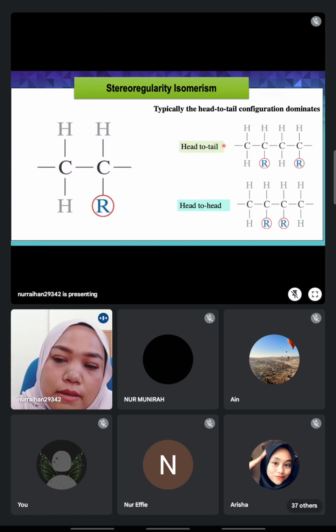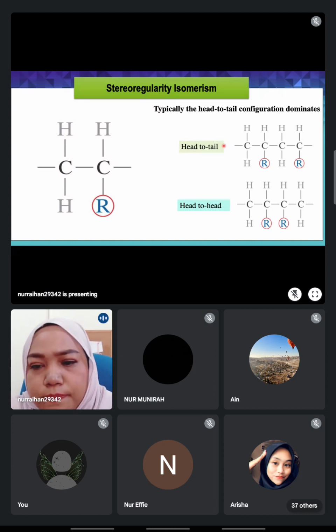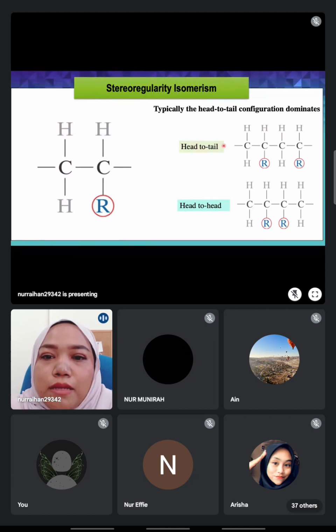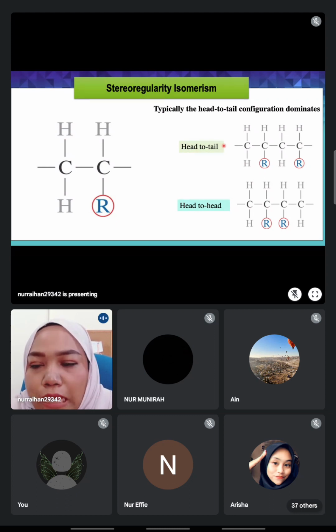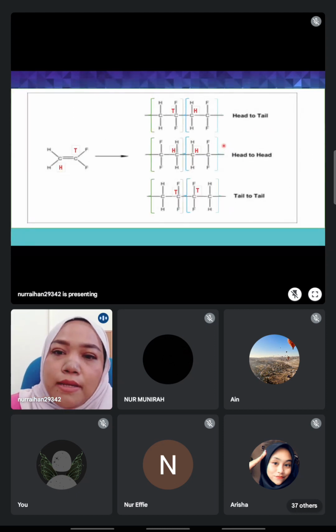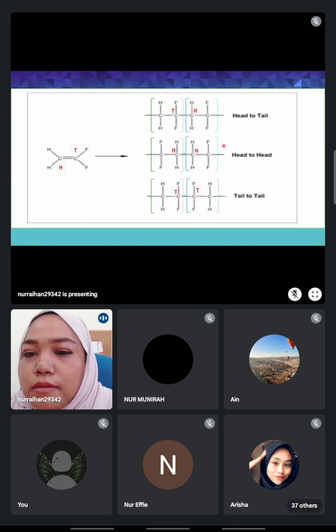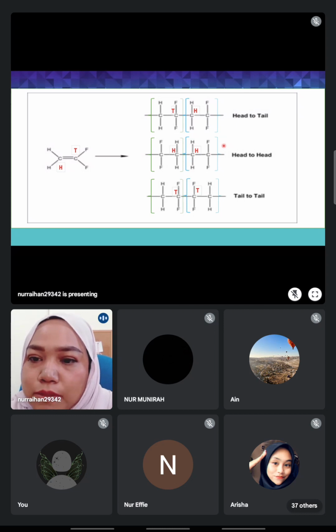Okay, sebab R dia mungkin akan berada pada kedudukan yang berbeza. Okay, and in polymer chain, it might be formed the combination between head to tail, tail to tail, and head to head. Maksudnya arrangement 3 ni tadi mungkin akan berada pada polymer chain kita. So bila ada arrangement ketiga-tiga ni dekat you punya polymer chain you akan jadi atactic. So apa?